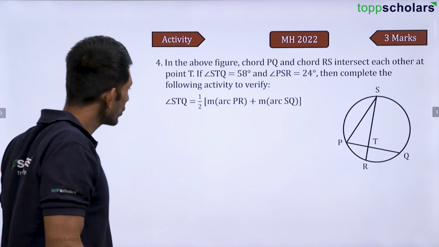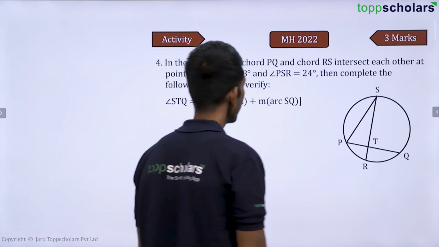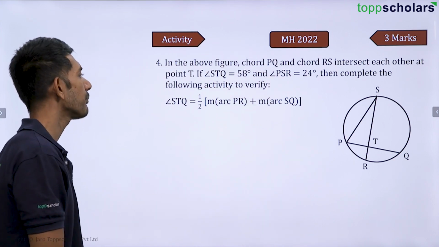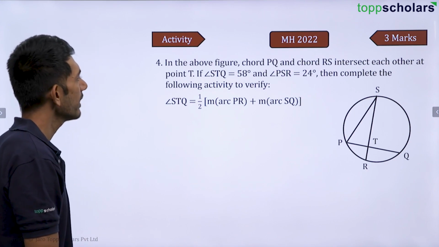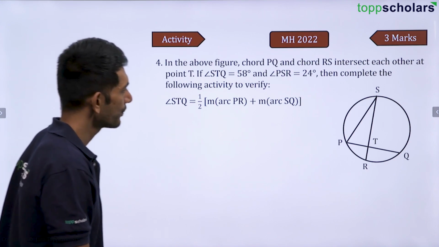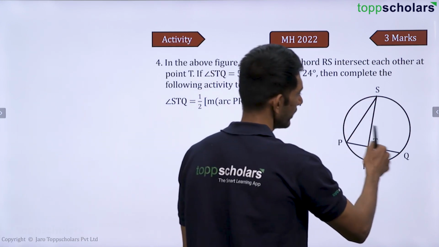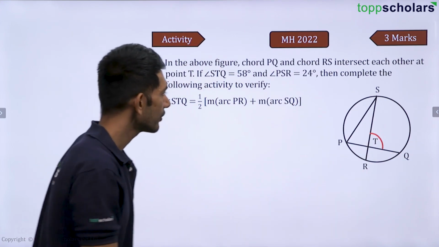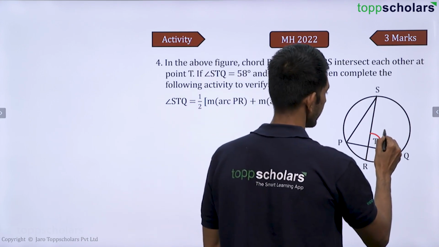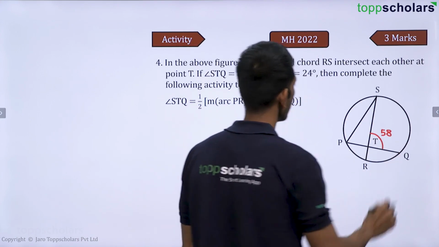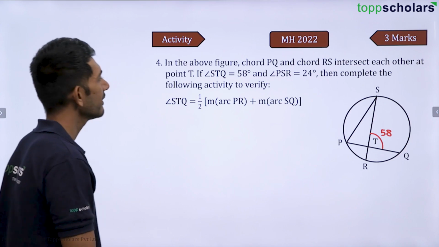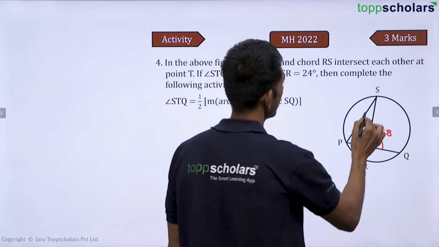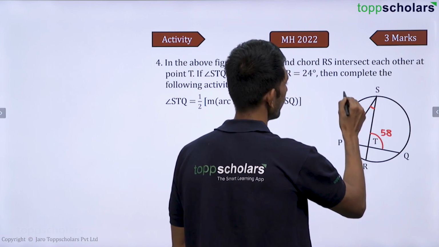So here we are supposed to verify something. In the figure, chords PQ and RS intersect each other at point T. Okay. If STQ, this angle is 58 degrees, okay. This is 58, and PSR, this is 24 degrees.